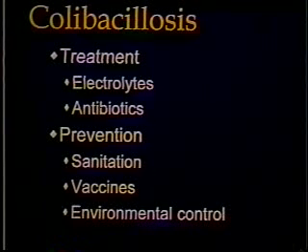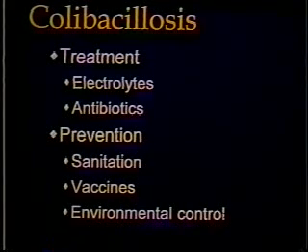Treatment of the colibacillosis is primarily based upon the replacement of the lost electrolytes and sometimes the use of antibiotics, but there is a tendency to develop a drug resistance by hosts that are affected by colibacillosis, and so it is discouraging to use antibiotics for the treatment of it.